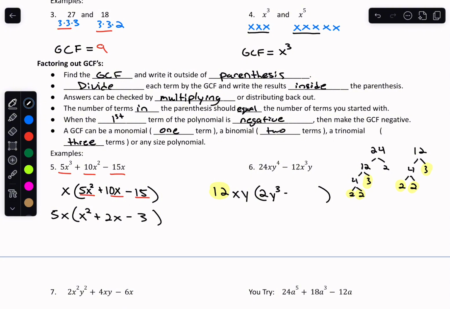Then we have a negative sign. 12 divided by 12 is 1, so I'm not going to write the 1. X cubed divided by x is x squared. And y divided by y, the y's just give us a 1 when they cancel each other out, so I don't need to write a y term. And so I'm going to adjust my parenthesis a little bit here, but our answer right there is 12xy multiplied by 2y cubed minus x squared.